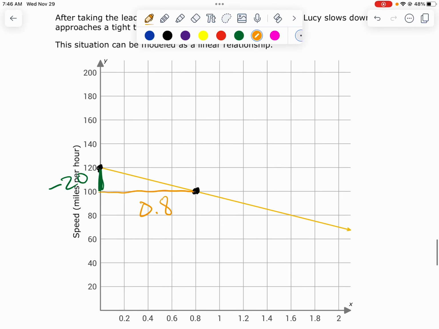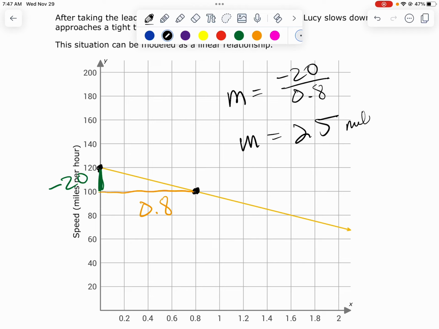Negative 20 over 0.8. I get negative 25. Miles. Negative 25 miles per hour.